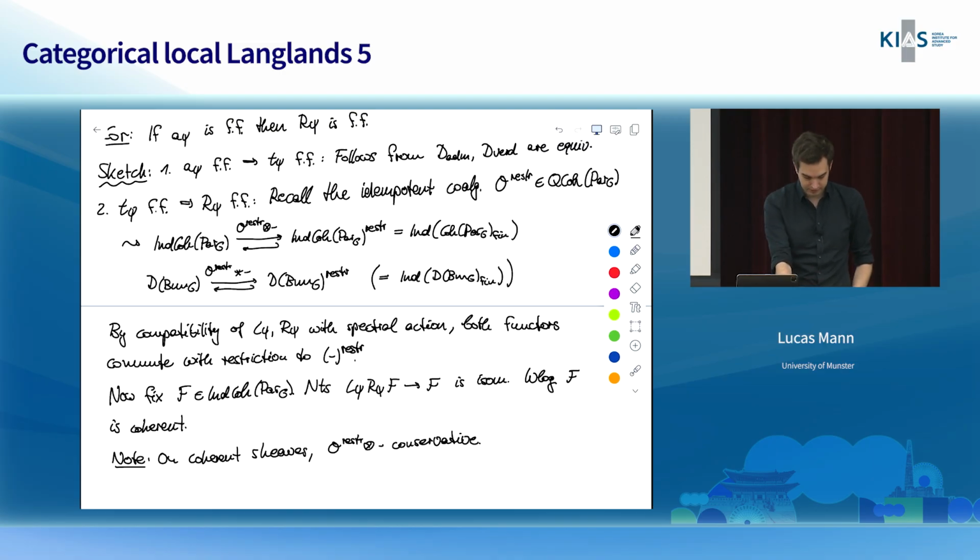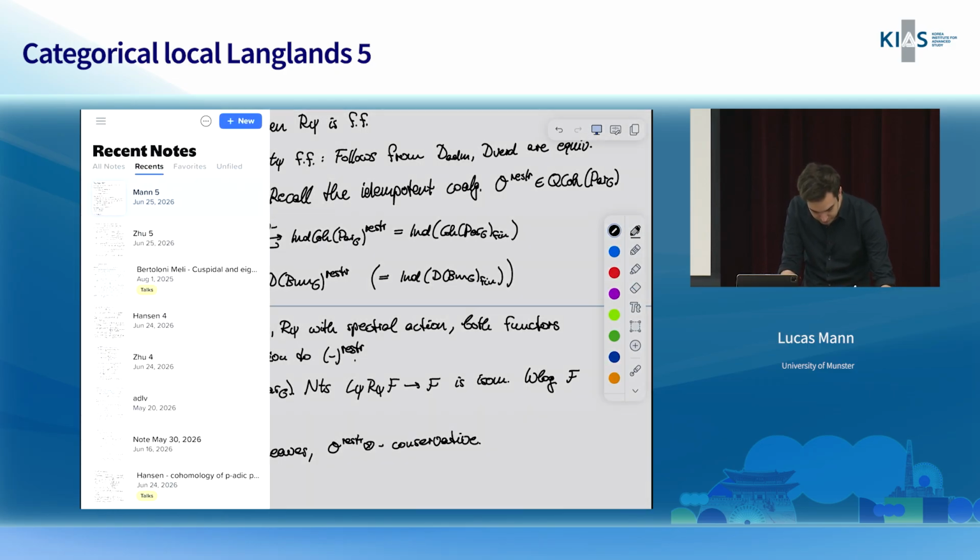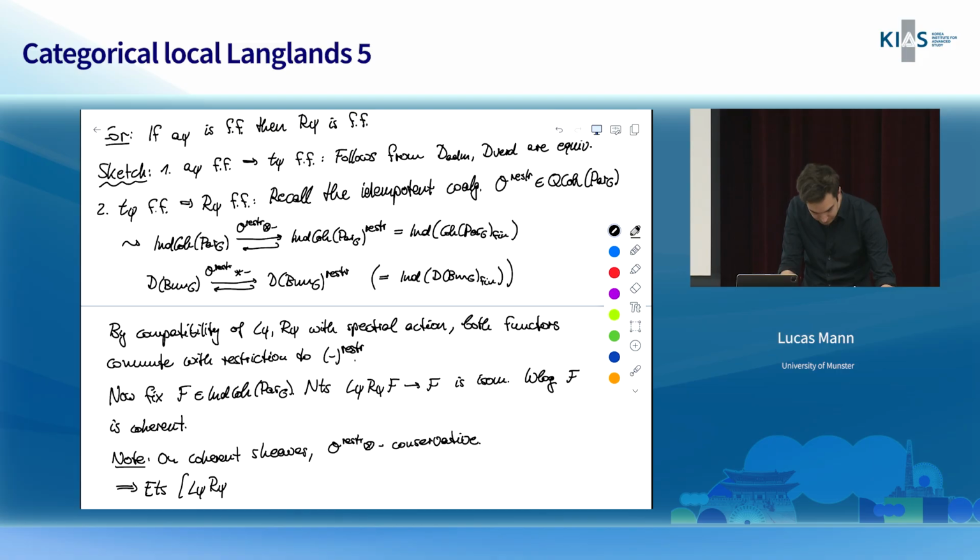Okay, and since I know this, and my F is coherent, and my R psi and L psi preserve this coherentness, it's enough to show that if I take this L psi R psi F, and I tensor this with O restricted, it's enough to show that this is an isomorphism.